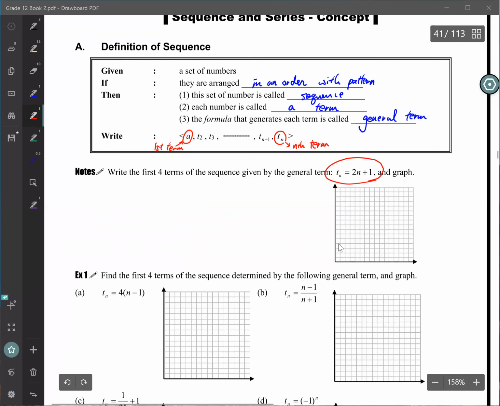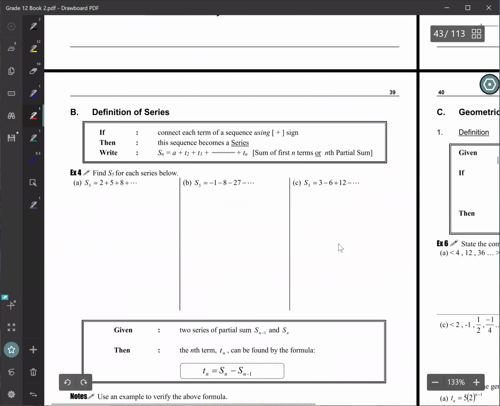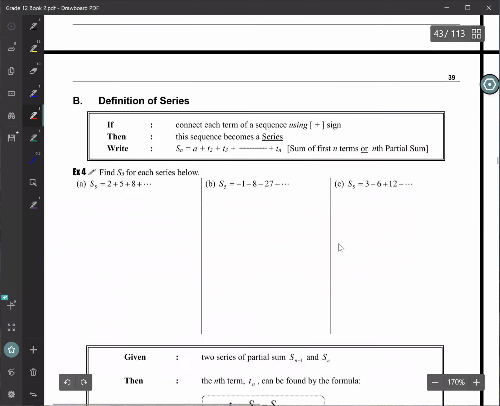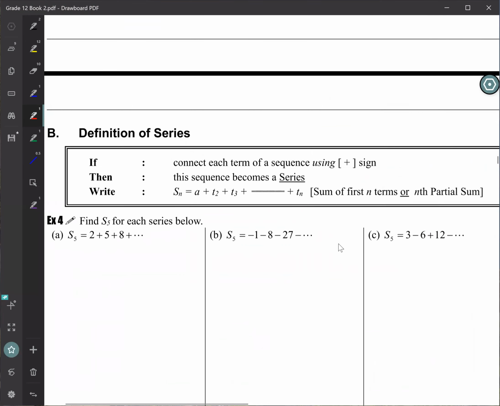Yeah, okay. So let's look at series. All this introduction was in grade 10 already, so we'll just go through it briefly. A series is made up of a sequence. It's connecting each term of the sequence using a plus sign.